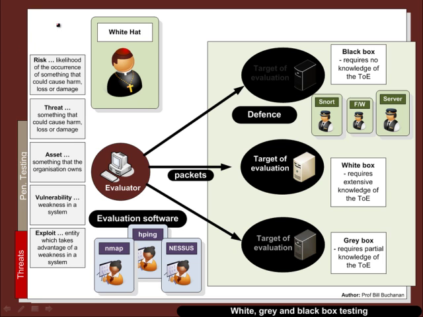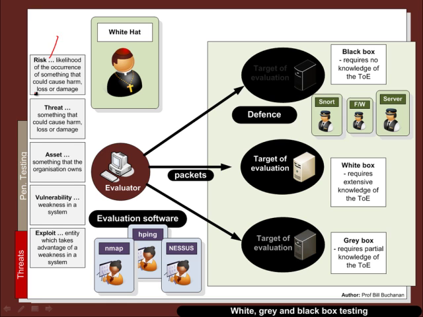Within a system there are certain key terms that we need to understand. The key one that we have is a risk, and a risk relates to the likelihood of the occurrence of something that could do some sort of harm or damage to a system. So a typical risk might be the loss of power, or a risk might relate to a hurricane happening.